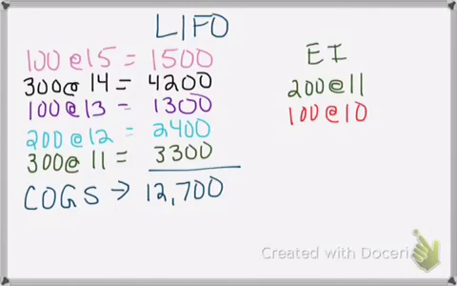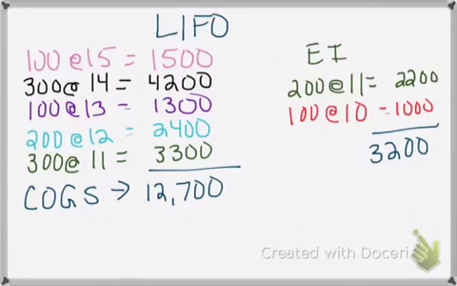And so what that gives me, here I have that $1,000. Here I had $2,200. So I am going to have a total of $3,200.